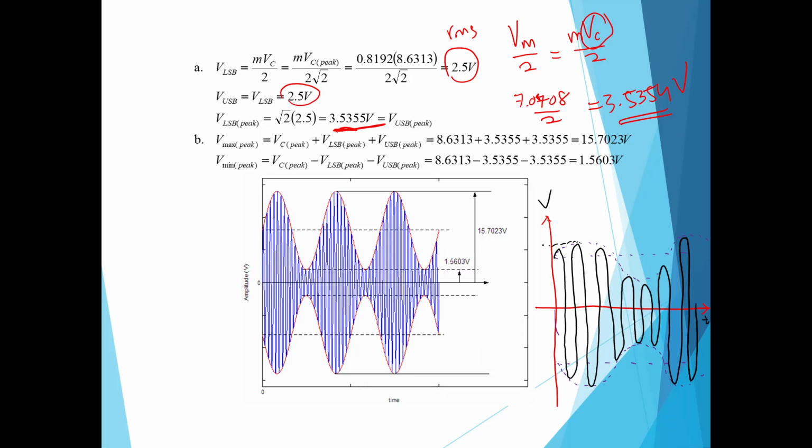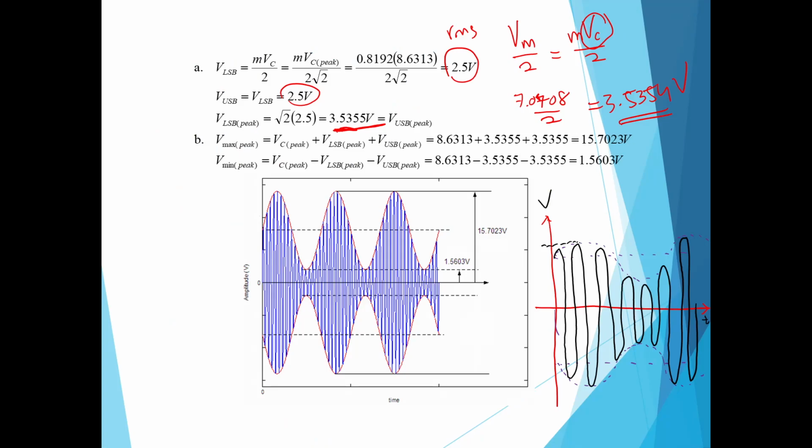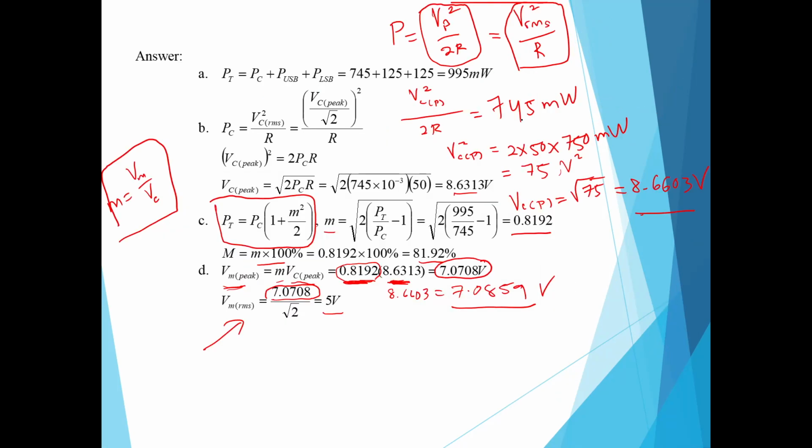So this is the maximum. The maximum is Vmax equal to VC peak plus Vm peak. So 8.6313 plus 7.07.